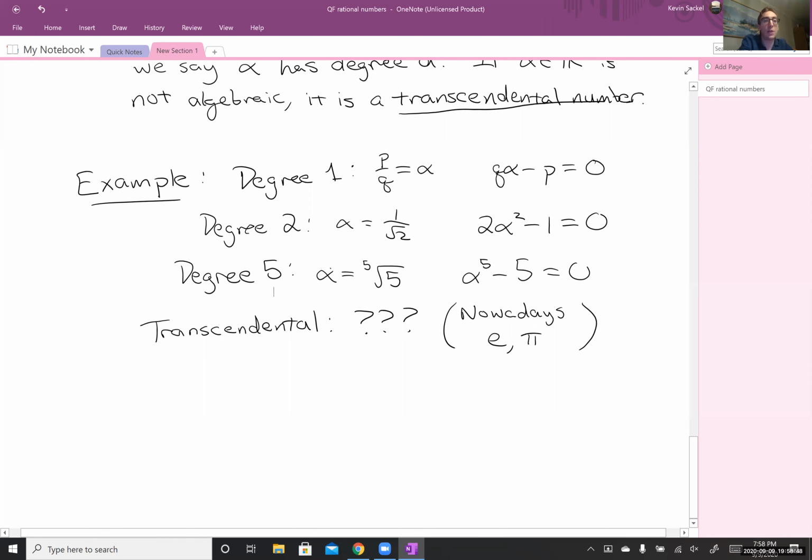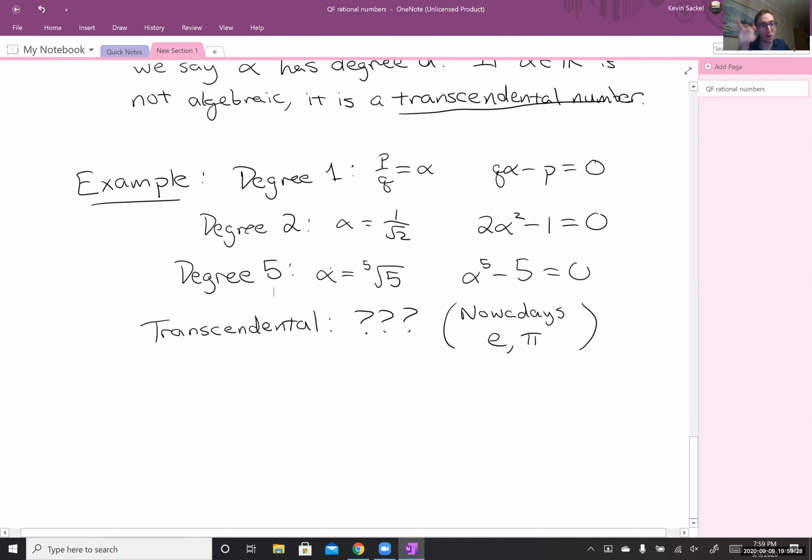So anyways, nowadays we know that e and pi are transcendental numbers. And if you know something about countability and uncountability arguments, then you can show that the number of algebraic numbers is countable, just because the number of polynomial equations with integer coefficients is countable, and each of them has a finite set of roots. So at the turn of the early 1900s, with Hilbert and Cantor inspired arguments, people knew that transcendental numbers existed in abundance.